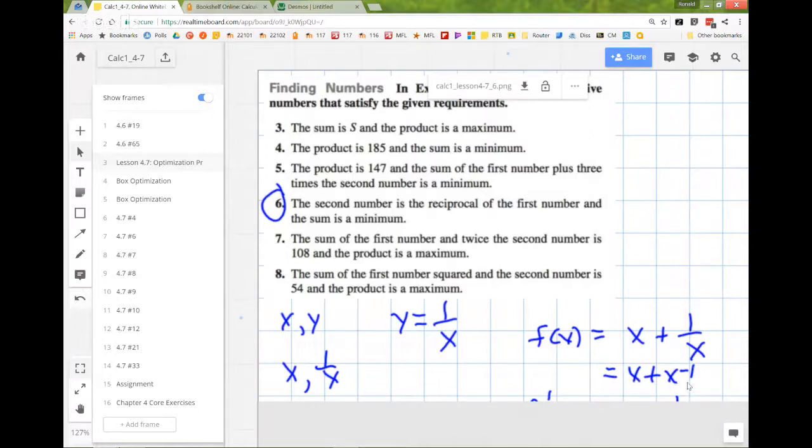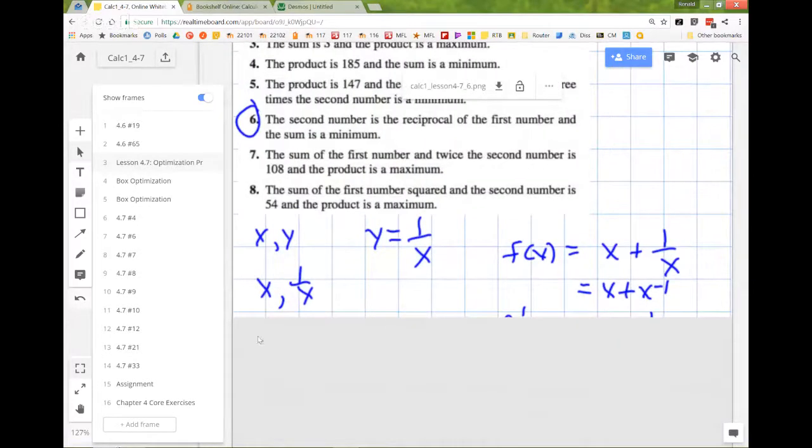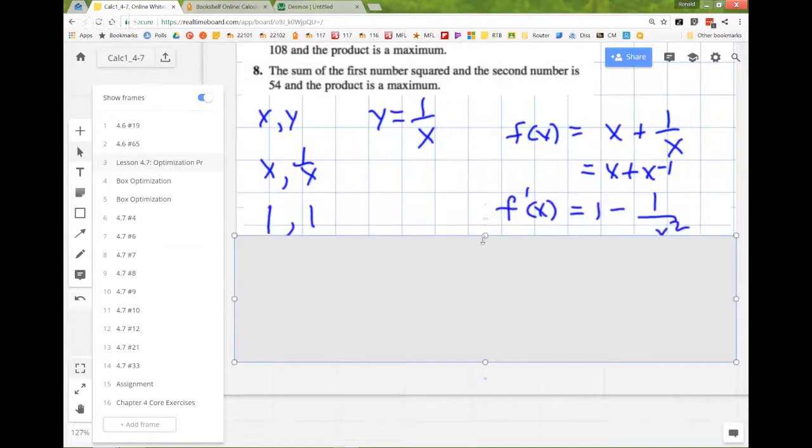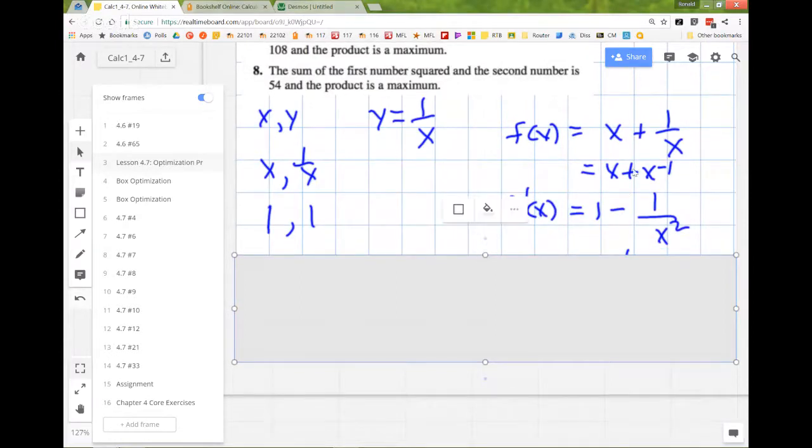I rewrote that as x plus x to the negative 1 power. Okay. And then we take the derivative. The derivative of x is 1. The derivative of this is negative 1 x to the negative 2, which puts it in this form.